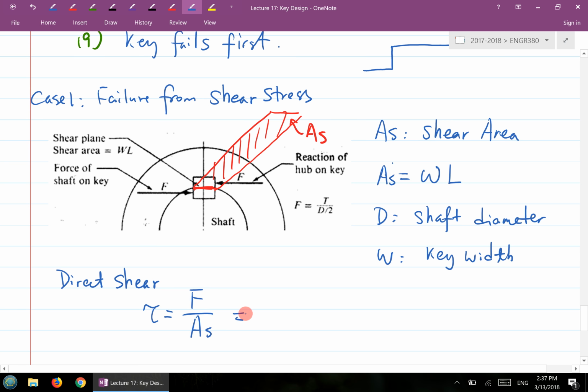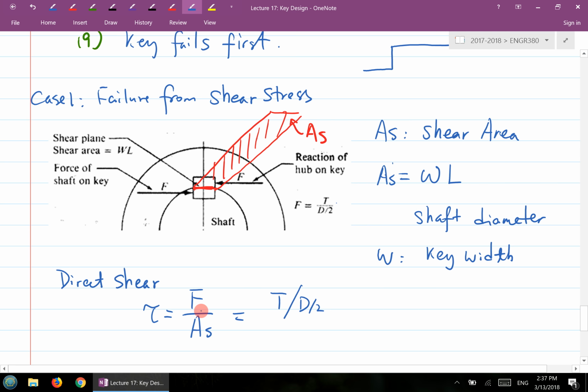And what does this F equal? F comes from the amount of torque being transmitted. You transmit a torque either from the shaft to the hub or from the hub to the shaft, it doesn't matter. If the torque is T, then T divided by half of the shaft diameter gives you this force, since force times the radius gives the torque.